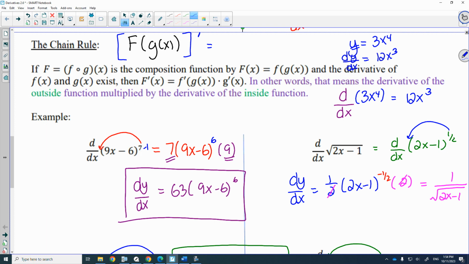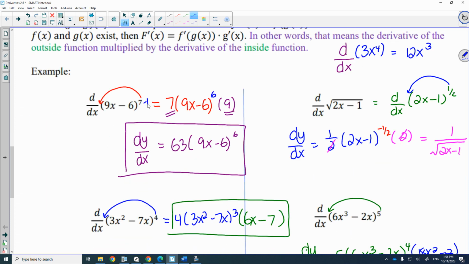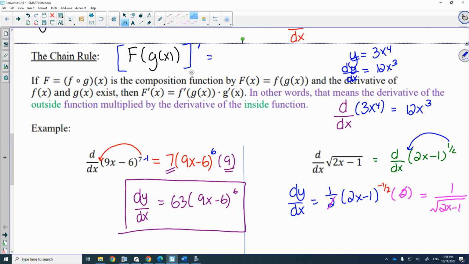What we've been doing is we have been taking the derivative of the outer function. So the outer function is bringing that 7 down and then subtracting 1. So what that would look like is we've been taking the derivative of the outer function, actually, sorry, I should make this little f.